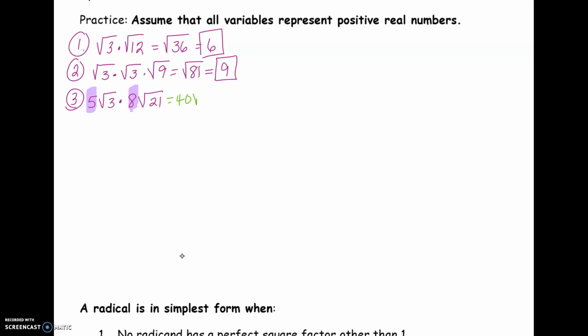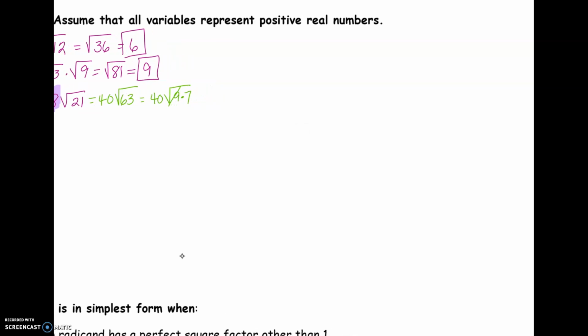Then the square root of 3 times the square root of 21 is the square root of 63. 63 is not a perfect square, but I do know that 9 is a factor of 63, and it is a perfect square. So I'm going to go ahead and take the square root of 9 and leave the square root of 7 inside. So I get now 40 times 3, which was the square root of 9, times the square root of 7. So this equals 120 times the square root of 7.